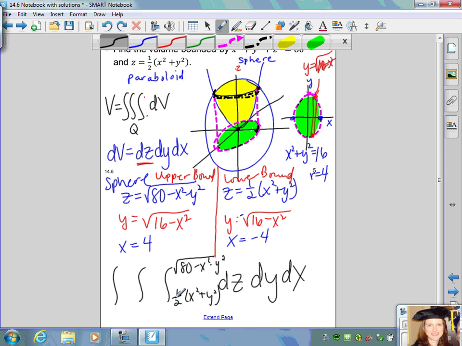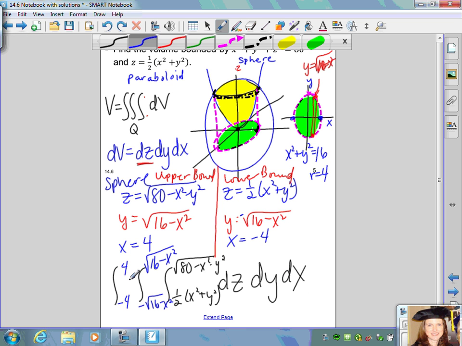And then your y lower bound is the negative square root of 16 minus x squared, and the upper bound for y is the positive square root of 16 minus x squared. And then your bounds for x would be from negative 4 to positive 4. So this is setting up the iterated integral that gives you the volume.